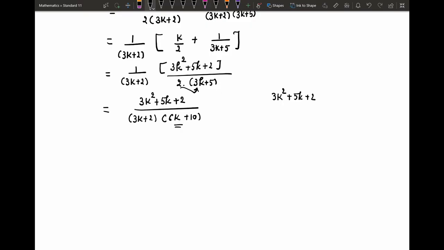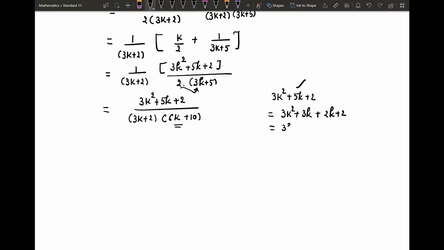In denominator there is no 3k plus 2 on right hand side, that means when you factorize numerator, one factor will be 3k plus 2. So this is 3k square plus 5k can be written as 3k plus 2k plus 2. 5k we have written as 3k plus 2k.